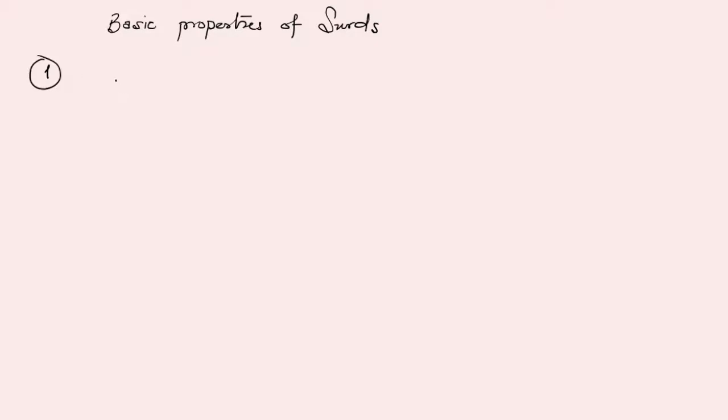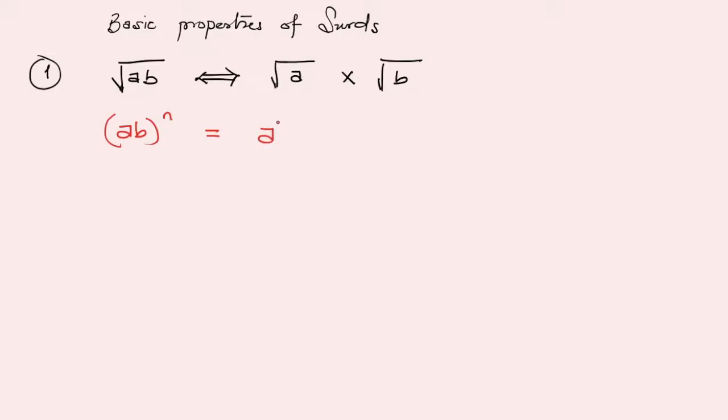is that it states that if we have the square root of ab, this is equal to the square root of a multiplied by the square root of b independently. Now, if you remember, the laws of indices say that (ab) raised to the power n is equal to a raised to the power n times b raised to the power n.